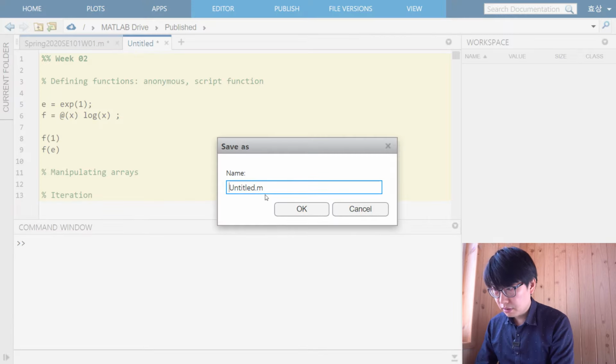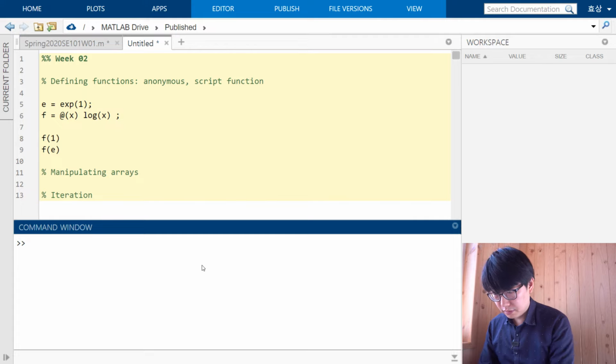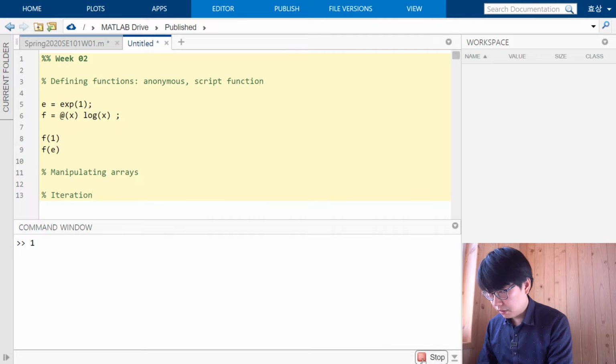Run. Still running. So this is a drawback of using MATLAB online. Sometimes it's very slow.